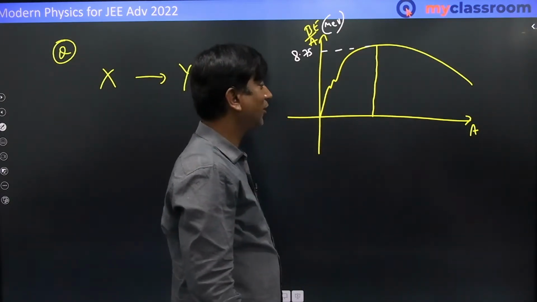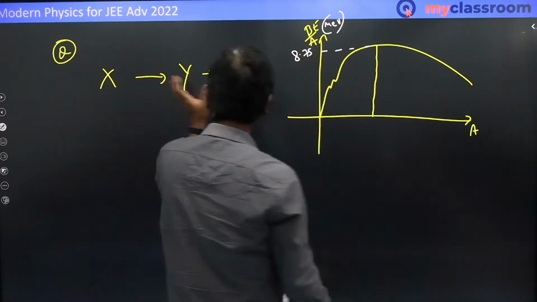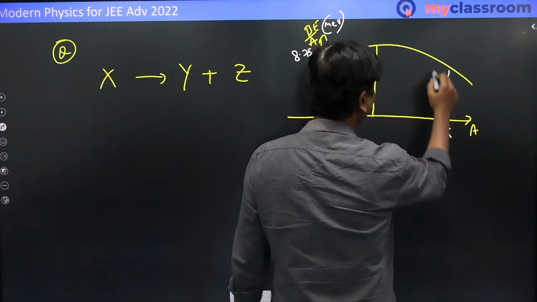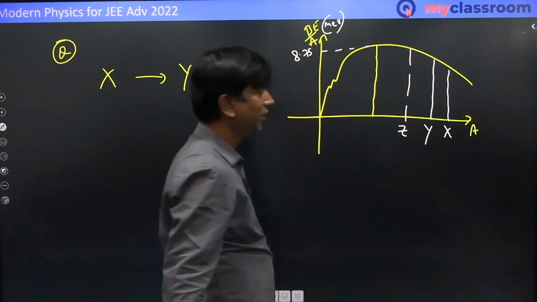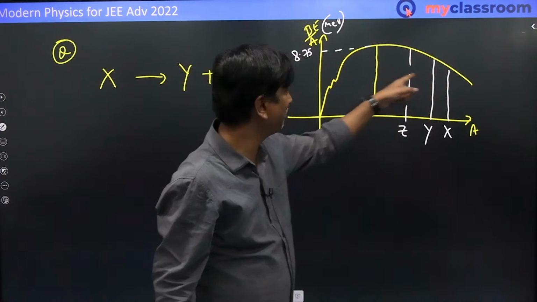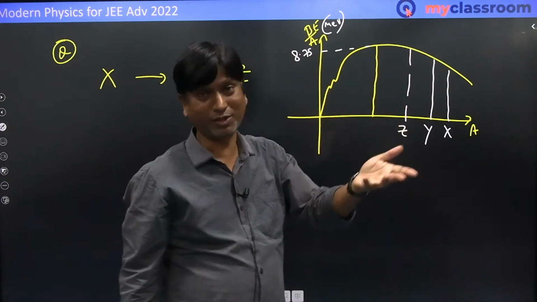Now we'll take nuclear fission. One example I am taking. Nuclear fission means a heavier nucleus is splitting into two lighter ones, isn't it? So the heavier one I'll call X, one lighter I'll call Y, and another lighter I'll call Z. If you look at this curve, X will have lower binding energy per nucleon, Y will have more, and Z still more, correct or not?